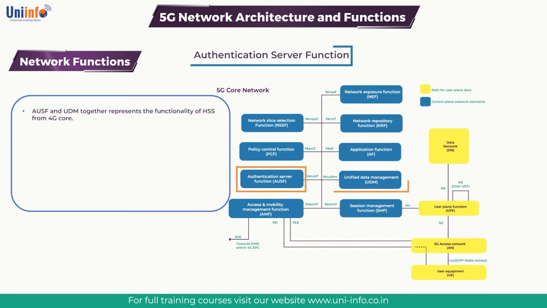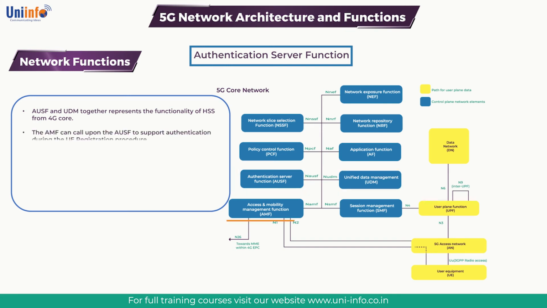AUSF and UDM together represent the functionality of HSS from 4G core. The AMF can call upon the AUSF to support authentication during the UE registration procedure. Similarly, the AMF can call upon the AUSF to support authentication during any other procedure which involves establishing a signaling connection with the UE, for example, the service request procedure.